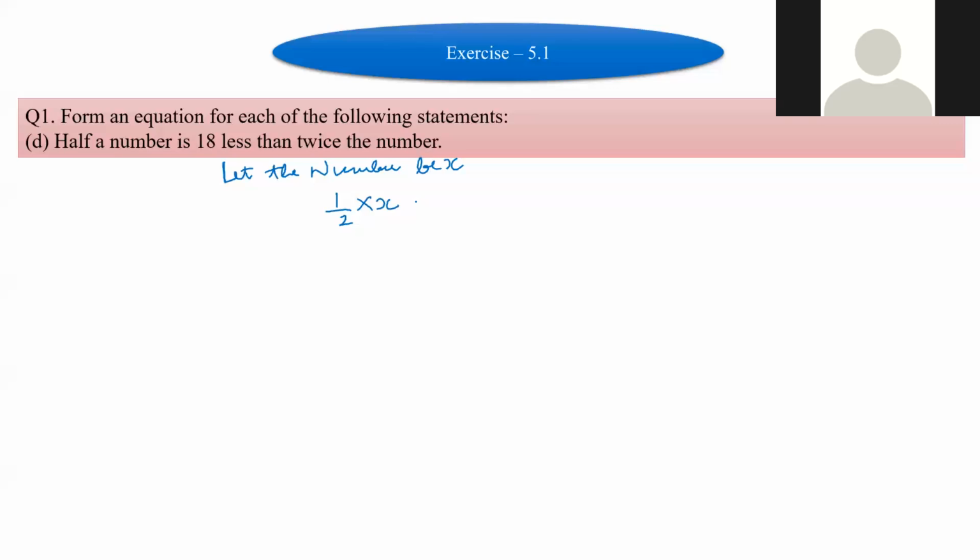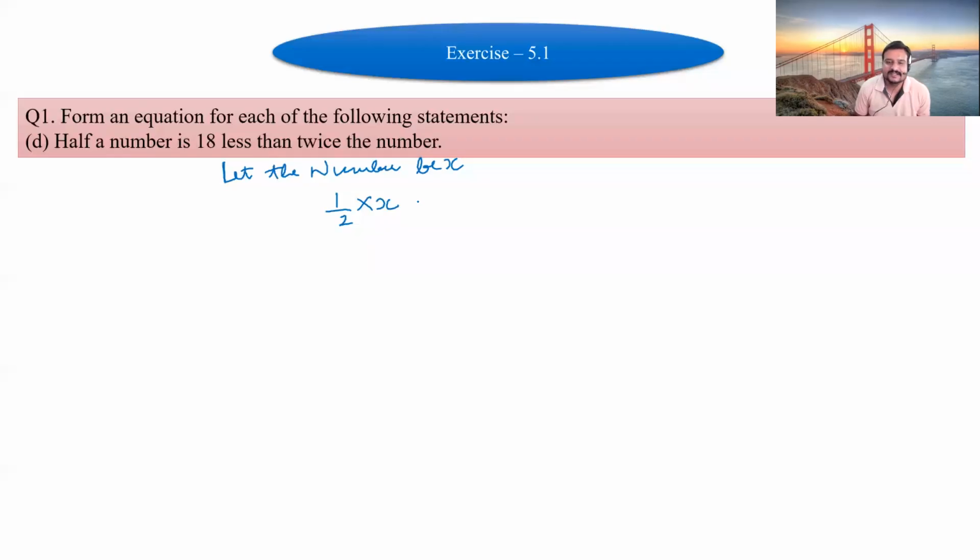Half a number is 18 less than twice the number. This number, half a number, this complete number, it is 18 less.